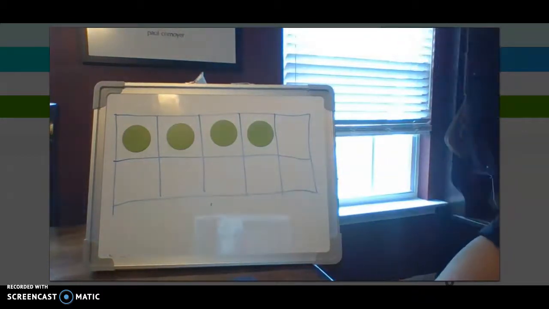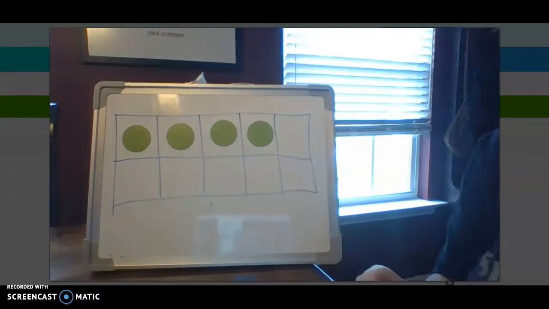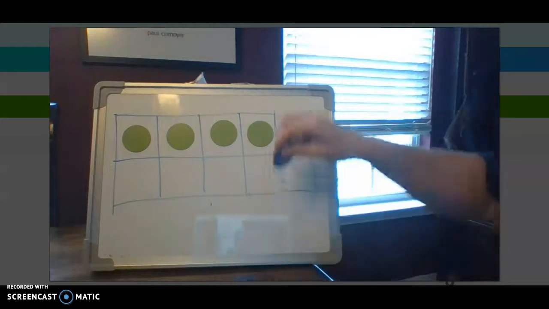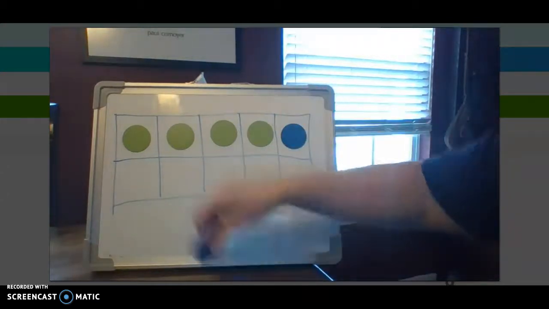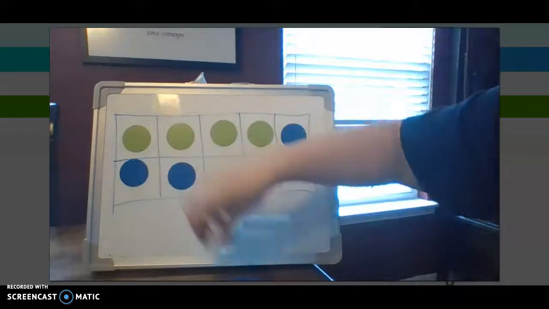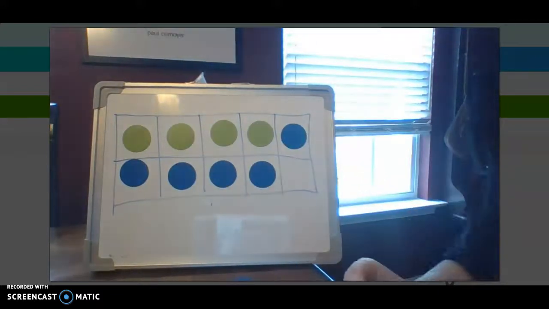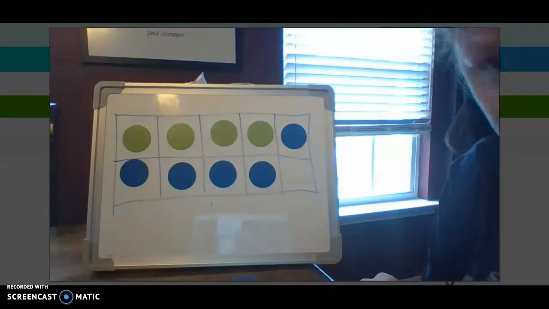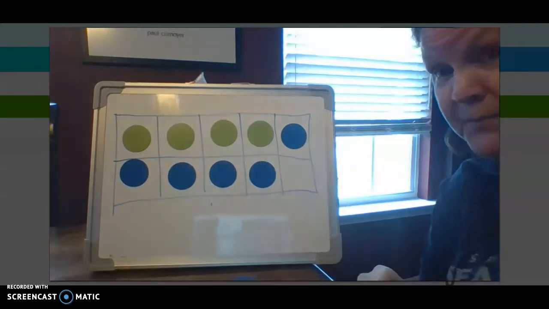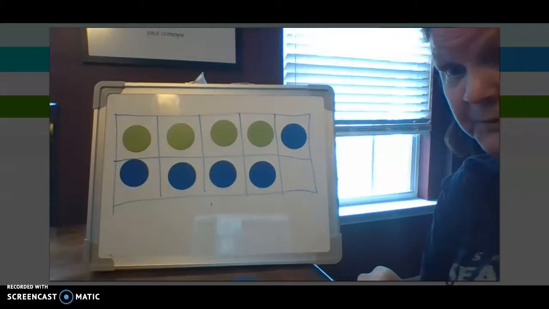Okay. Brooklyn had 5 lollipops. 1, 2, 3, 4, 5. How many lollipops did Brooklyn and Miguel have in all?